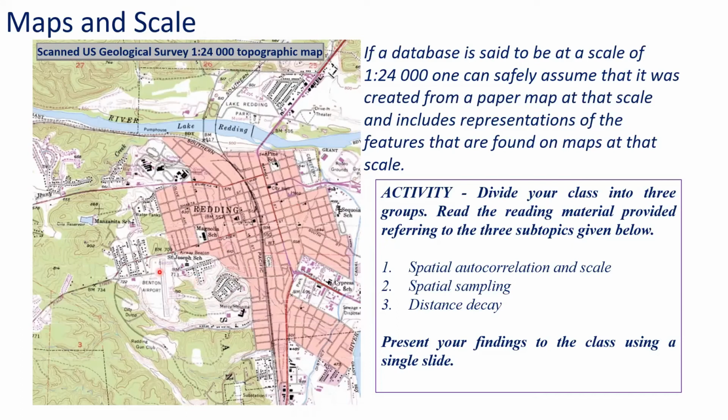And the thing that varies is, if you are looking at areas, for example, this may be a 1 centimeter by 1 centimeter area, but in reality, that is actually a 24,000 by 24,000 centimeters square area. So that is quite a large variation from what you see here.